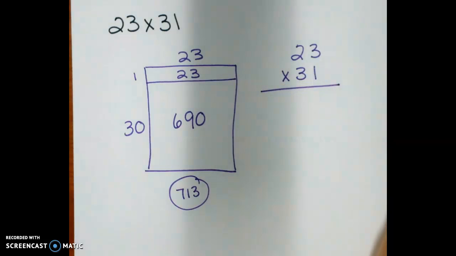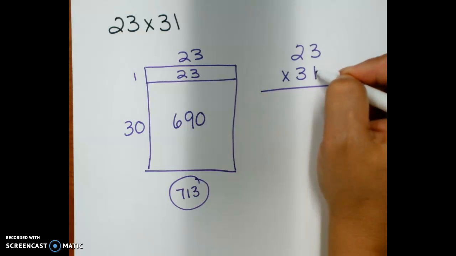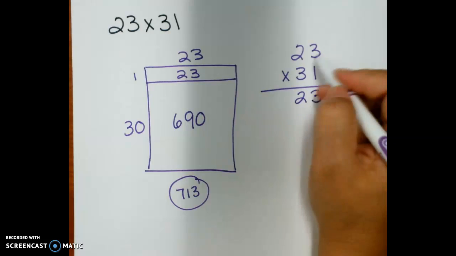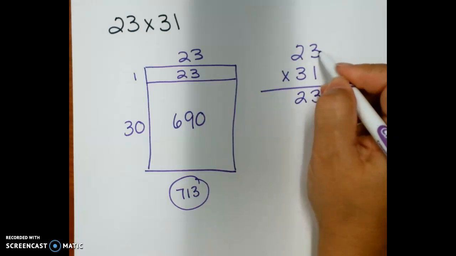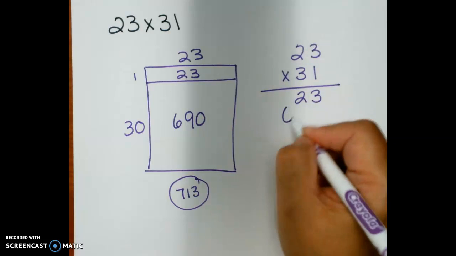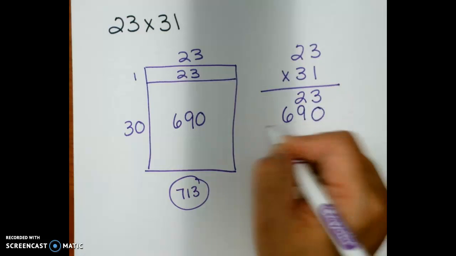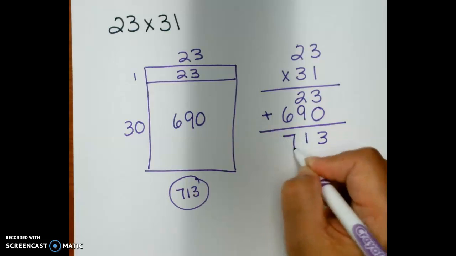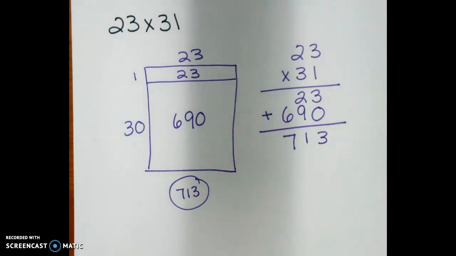If I have 23 times 31, and I'm doing partial products, we learned this last year, you should be able to remember it. What is 1 times 23? It's 23. 30 times 23 is 690, and when we add those together, we get 713.